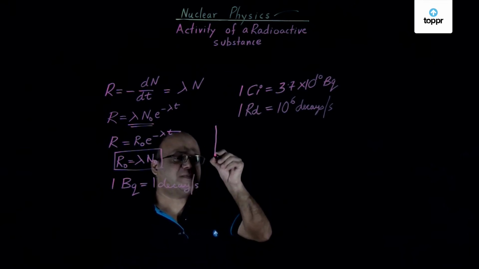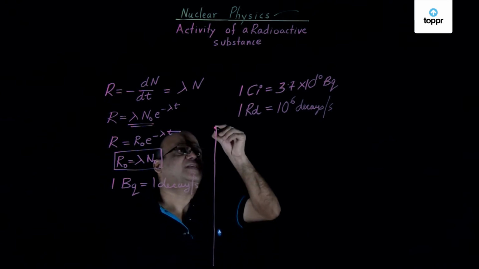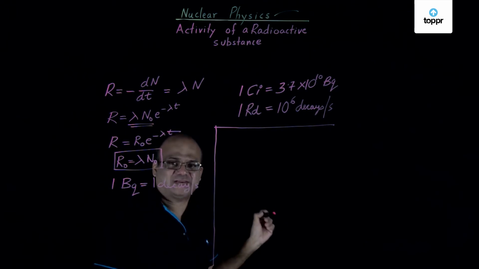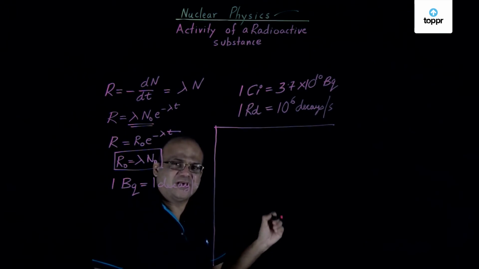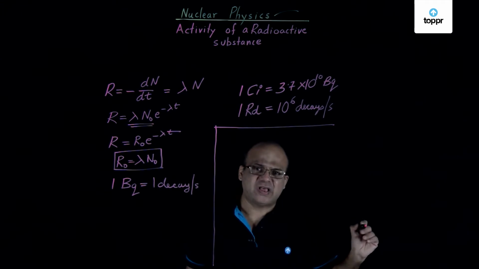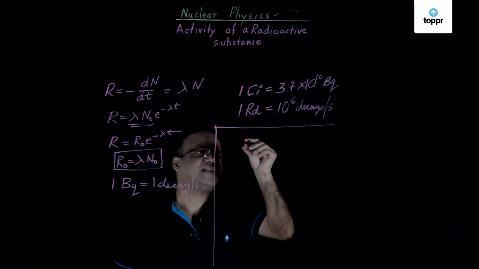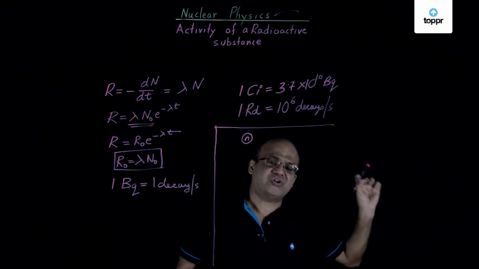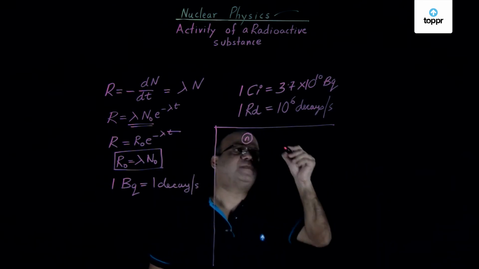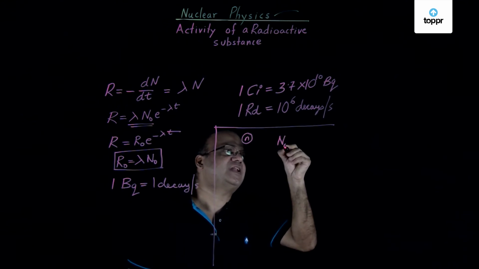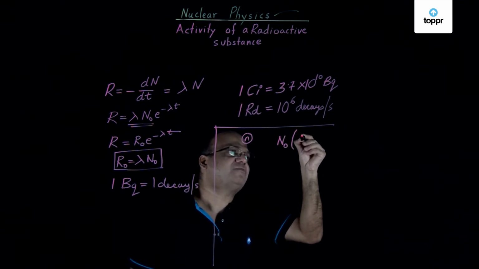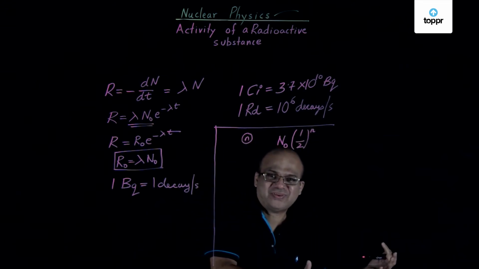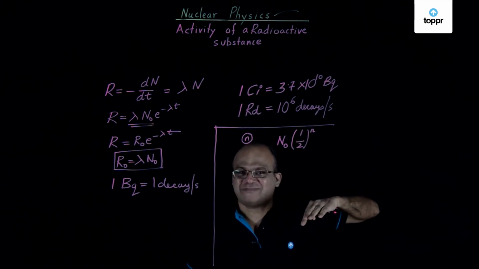Now, let us talk about some important points that will help us in solving problems on radioactivity. First important point. After n half-lives, small n, the number of nuclei left will be N naught, the initial number of nuclei, half to the power n. Because every half-life, the number becomes half.